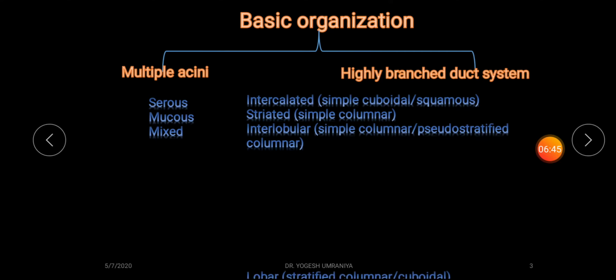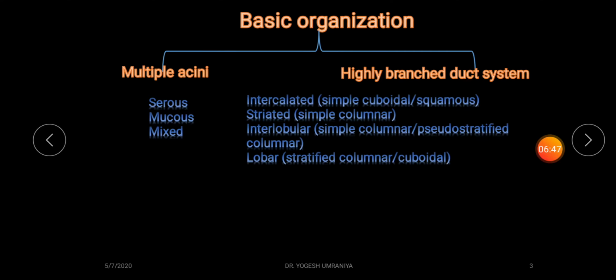After the interlobular duct you have the lobar duct, which is designated for each and every lobe of the salivary gland, and the epithelium in the wall of this lobar duct is of the stratified columnar or cuboidal type.